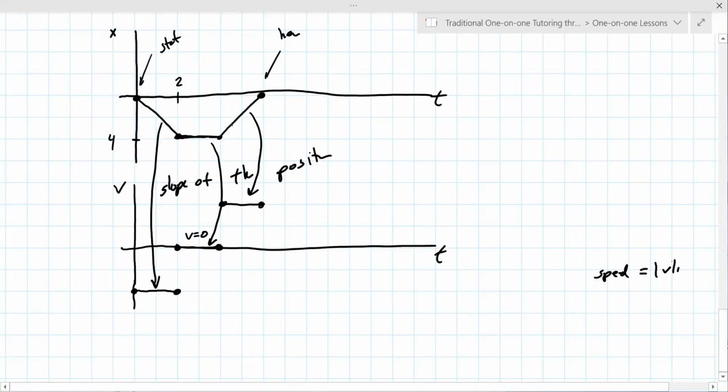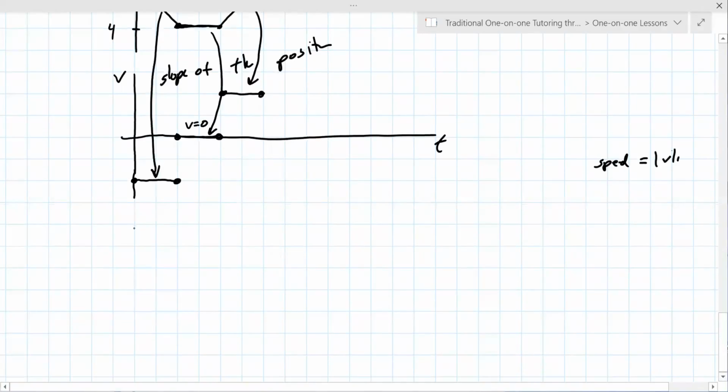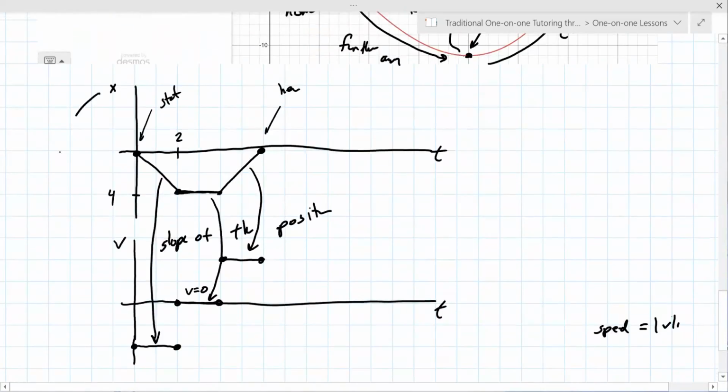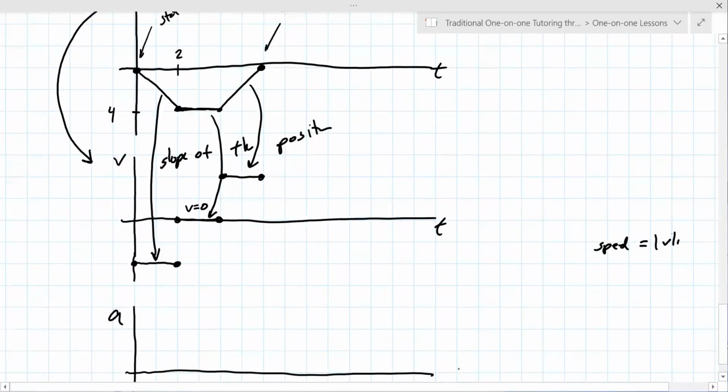Isn't the top one your acceleration? No, one of them is a velocity graph. We can go down here and do acceleration if we want, but it doesn't really apply to this particular situation. So position leads to velocity, and then velocity leads to acceleration.